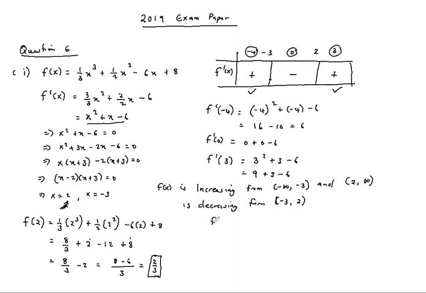Then you also find f of negative 3. That will be 1 over 3, negative 3 to the power 3, plus 1 over 2, negative 3 squared, minus 6 times negative 3, plus 8. So you get negative 9 plus 9 over 2 plus 18 plus 8. Well, the first one is negative 9.